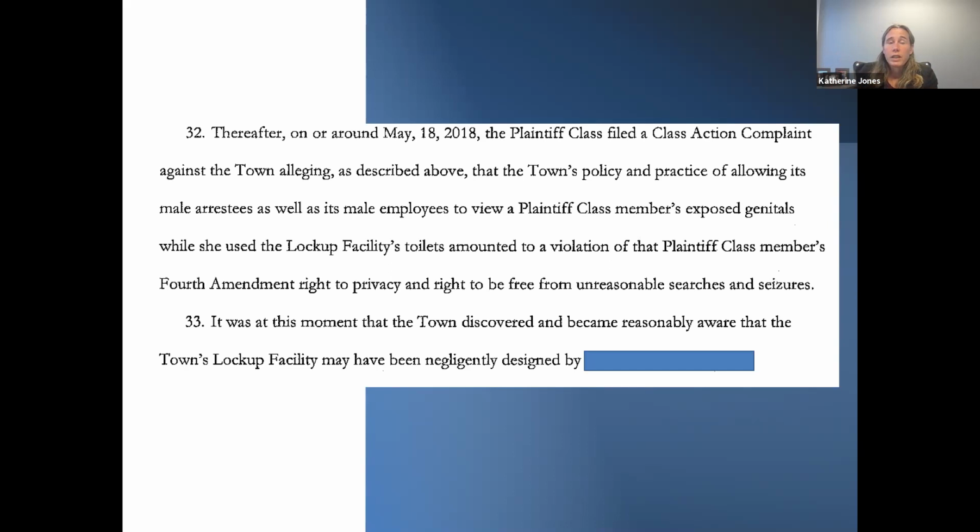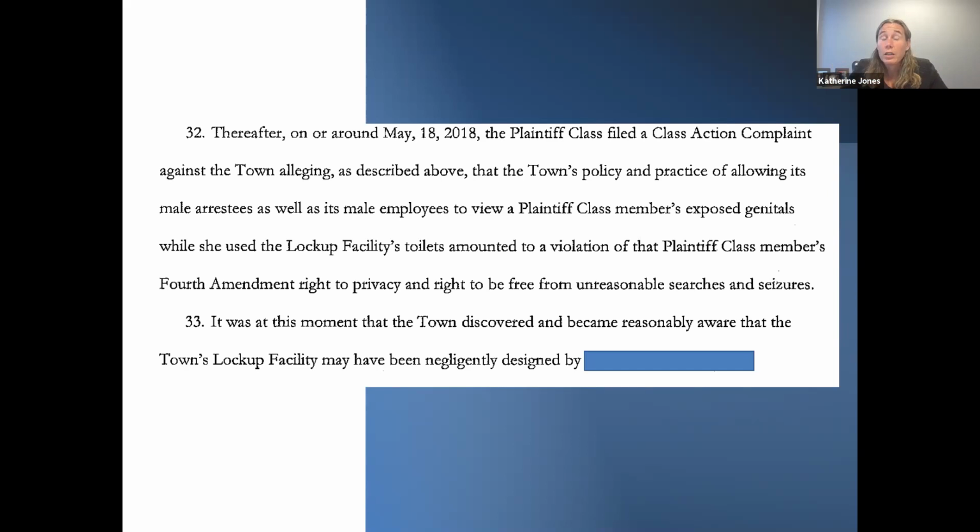The reason it violated the prisoners' rights was because the Fourth Amendment to the United States Constitution essentially says that prisoners don't have any privacy rights once they have been arraigned on a charge. So once you go before a judge and you're arraigned, then you lose all of your rights to privacy. And if you're going to use a toilet, somebody can watch you.